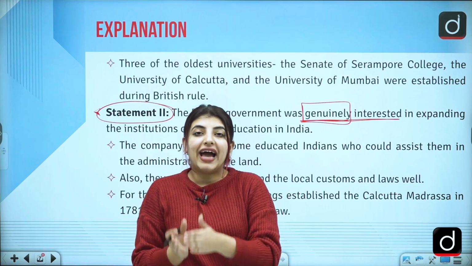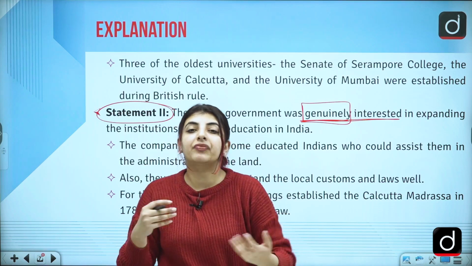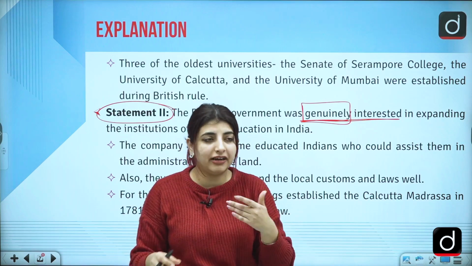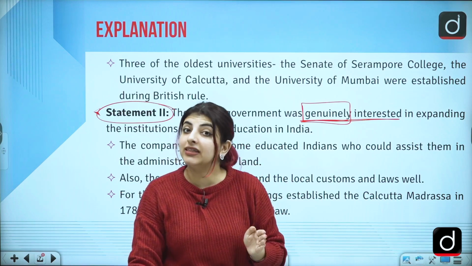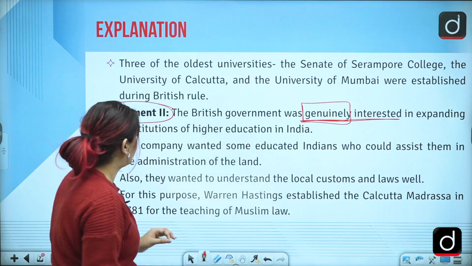So those uncivilized people should be civilized. The British thought it was their mission to do so, and even in today's time they keep on justifying colonialism with this very argument. Correct? So this was not genuine interest.